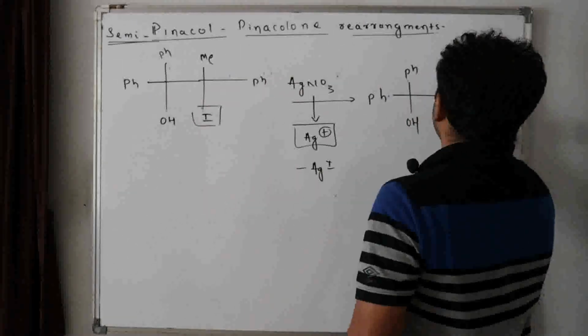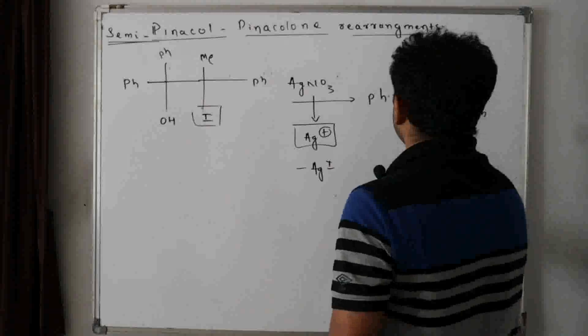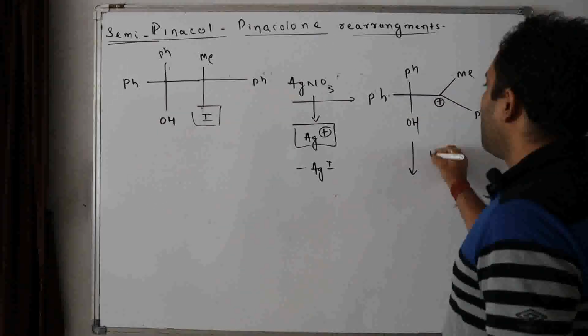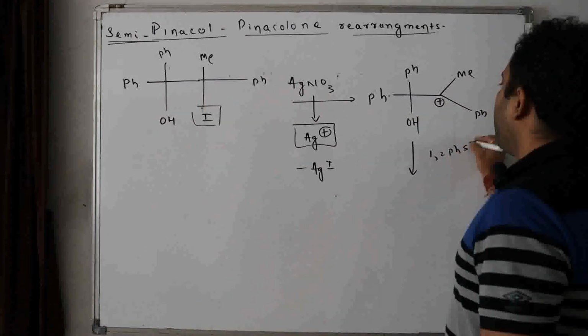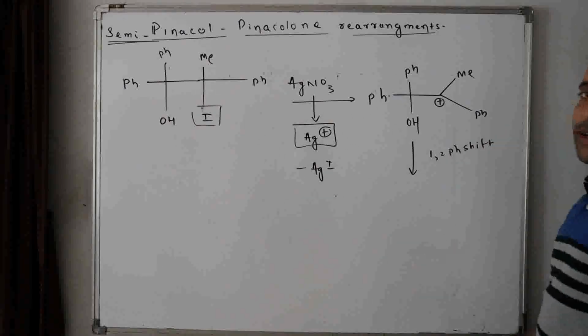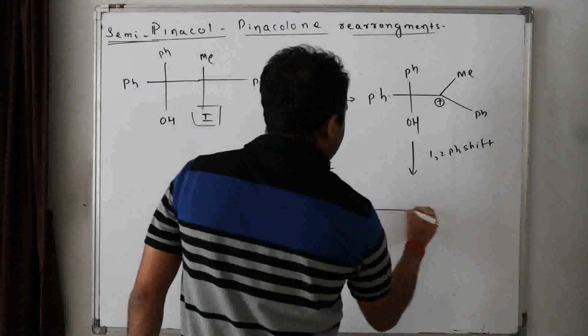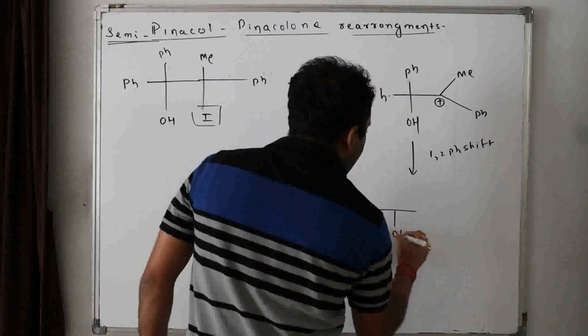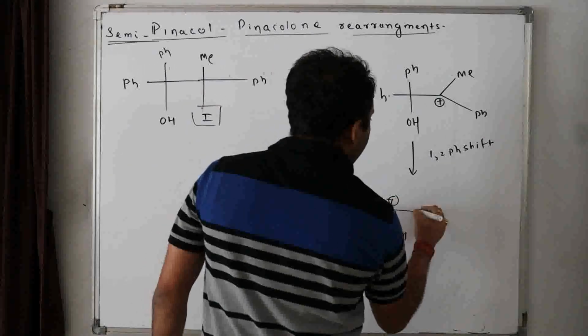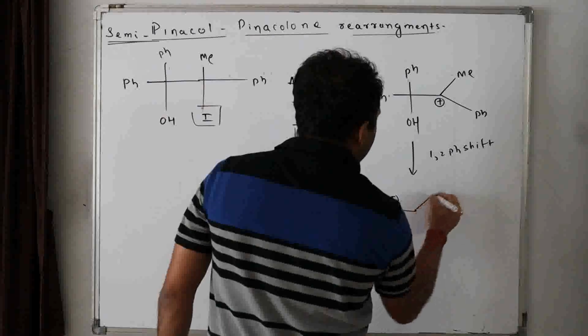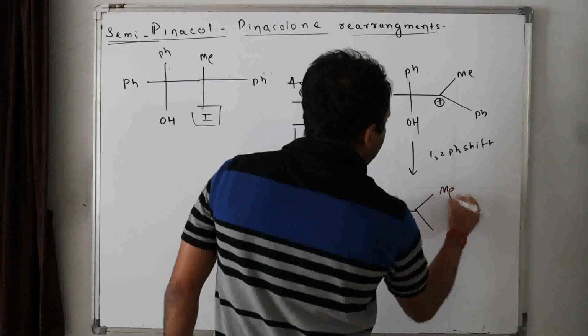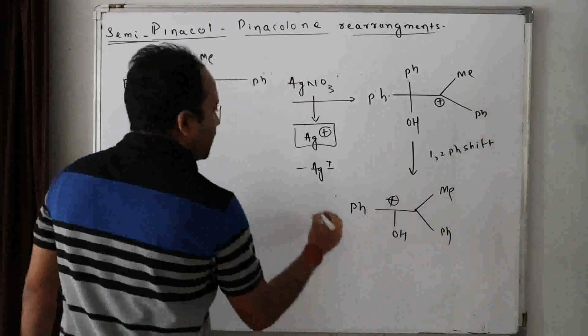Methyl, phenyl. Now in this case who will shift? 1, 2, phenyl shift occurs, isn't it? Now after this Ph, OH plus onto this methyl, phenyl.